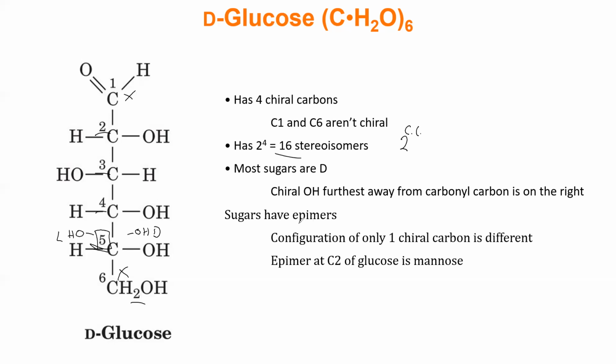The last terminology that sugars have is epimers. An epimer is a special stereoisomer where only 1 chiral carbon is different. So epimers are usually pairs. Here I have the epimer of glucose at C2, which is mannose. Mannose looks like what I'm drawing here.